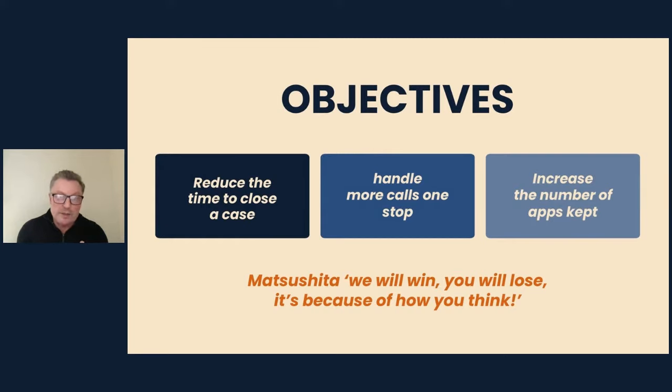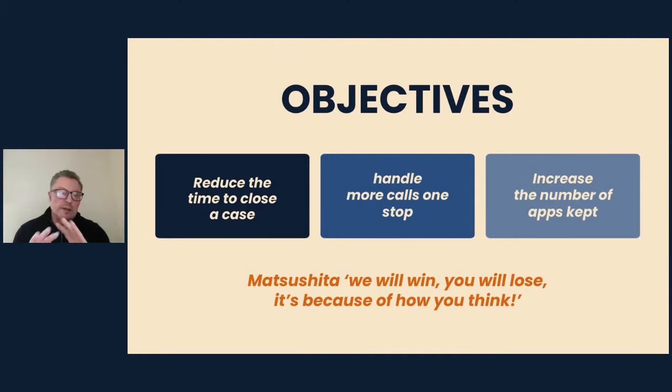Secondly, handle as many calls as possible one stop. And thirdly, if something could not be handled at the first stop, then an appointment would need to be made, and therefore the objective was to increase the number of appointments kept.